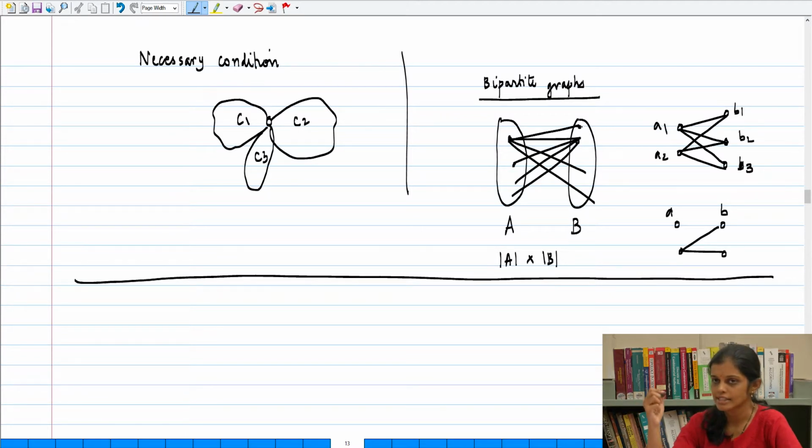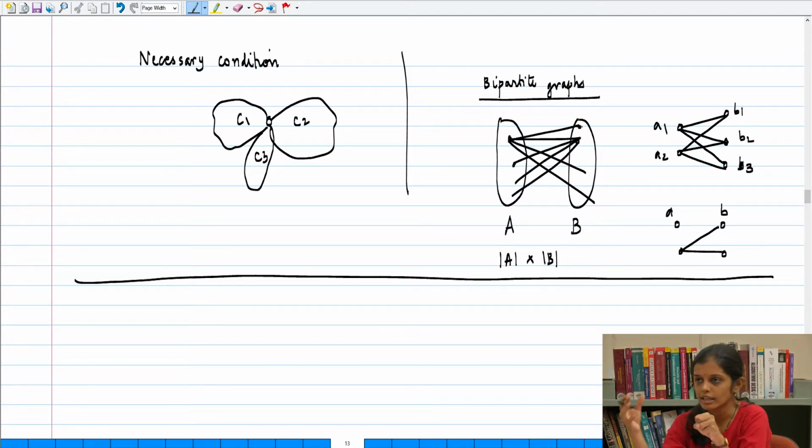But the independent set or the totally disconnected graph, how many components does it have? Cardinality of the larger set. So what you are saying is, I am removing a set of vertices, and whenever I look at the graph which is remaining, I see the number of components which are larger than the size of this vertex set that I removed.